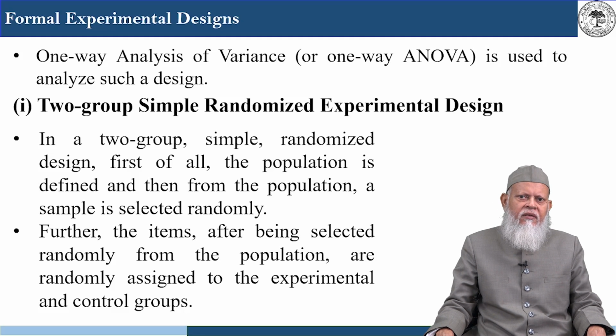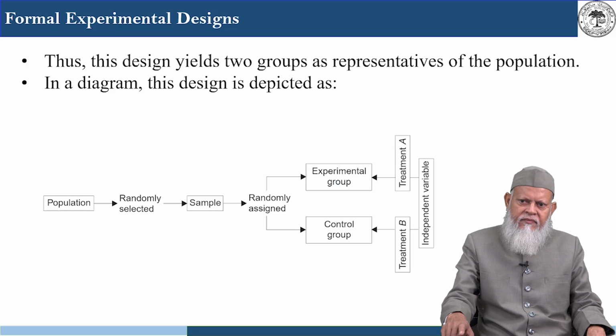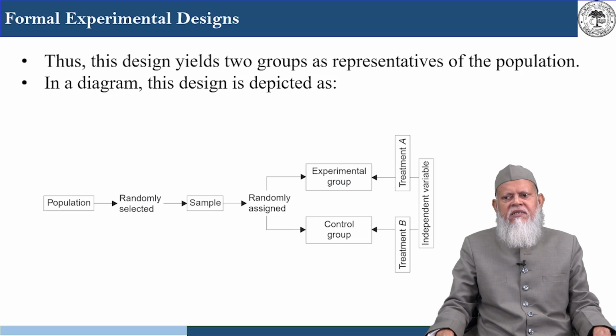So, this is not the decision of the researcher, but it is the random allotment of the members of the sample or items, whether in the experimental or in the control group. So, this design yields two groups as representatives of the population. We have a diagram. This diagram is depicted here.